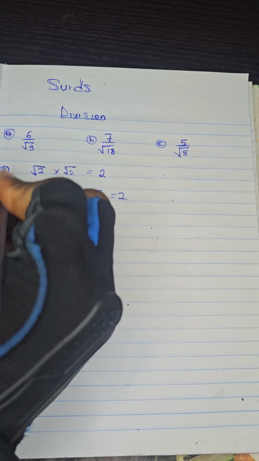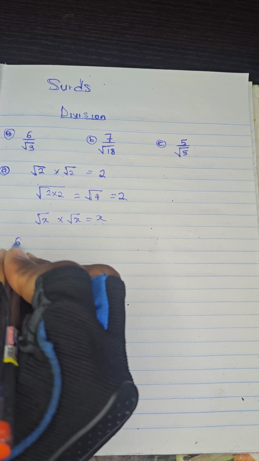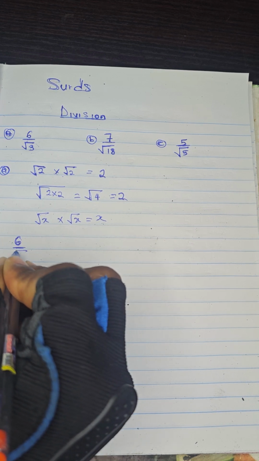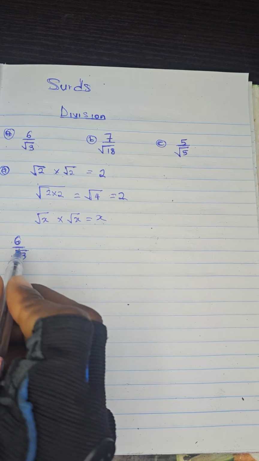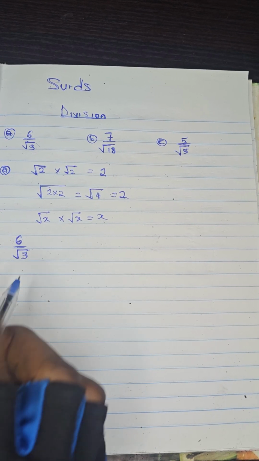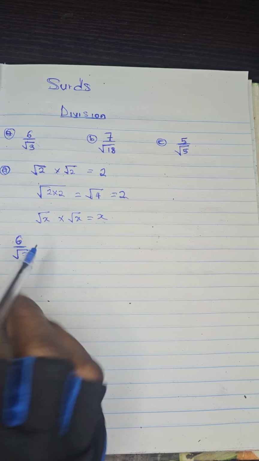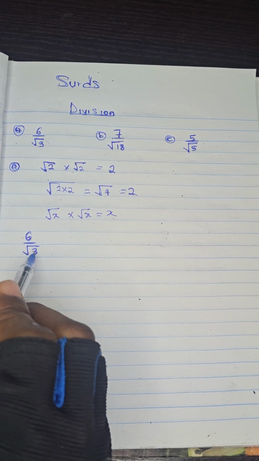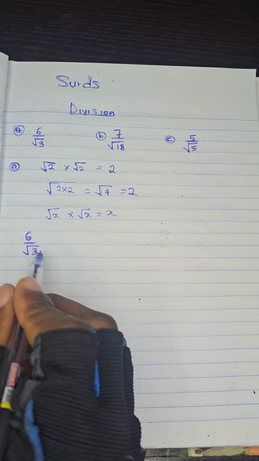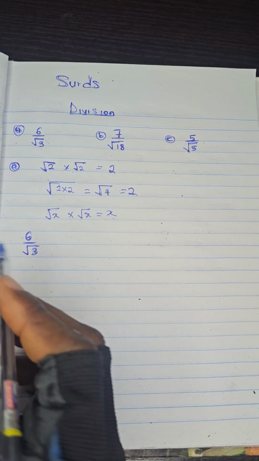So coming to this example A, 6 over square root of 3. For us to make this denominator a rational number, we are just going to multiply this square root of 3 by another square root of 3, so it will now give us a rational number, which is 3.